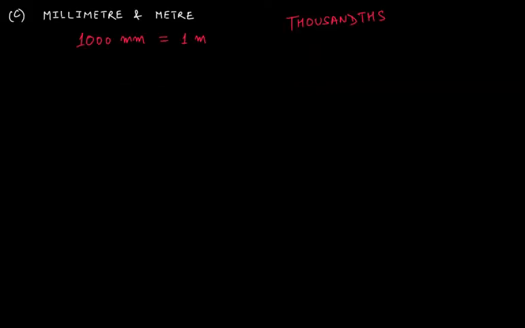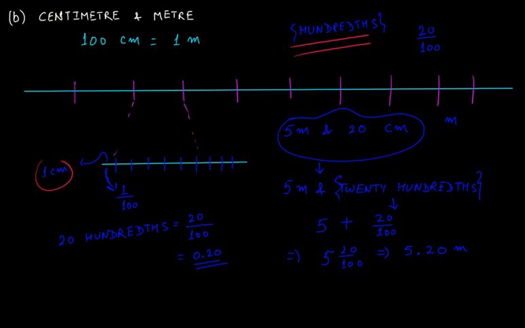Now, if you are dealing with thousandths, it means that if this was divided into 10 parts, then again this equal part was further divided into 10 parts. Then for the thousandths, it will mean that again each part will further be divided into 10 equal parts.